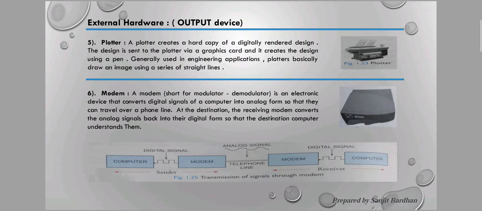Generally used in engineering applications, plotter basically draws an image using a series of straight lines. Okay, this is the main use of plotter. Plotter is used in engineering applications to print on large size paper. Plotter basically draws an image using a series of straight lines.